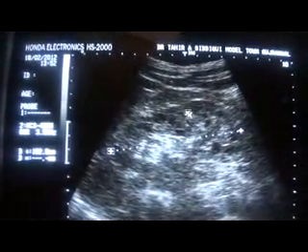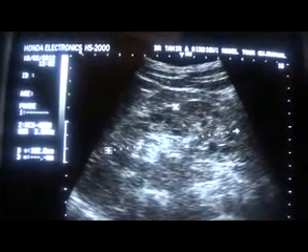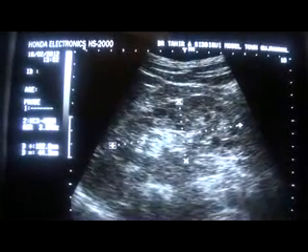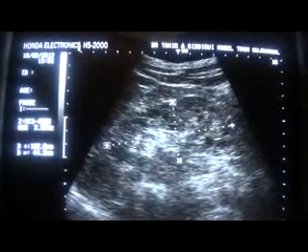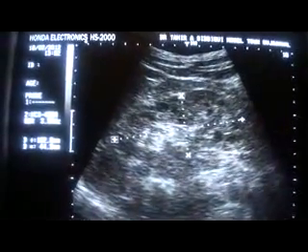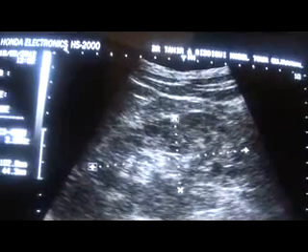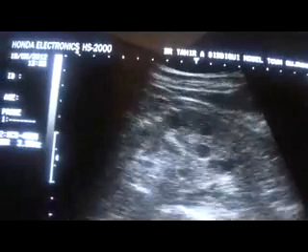It measures 10.2 centimeters in length, maximum is up to 11. So this kidney is normal in length. It measures 4.4 centimeters in anterior-posterior diameter, and this kidney is normal in anterior-posterior diameter. 40% of cases of polycystic kidney will have cysts in the liver as well. However, in multicystic kidney, it is not expected.